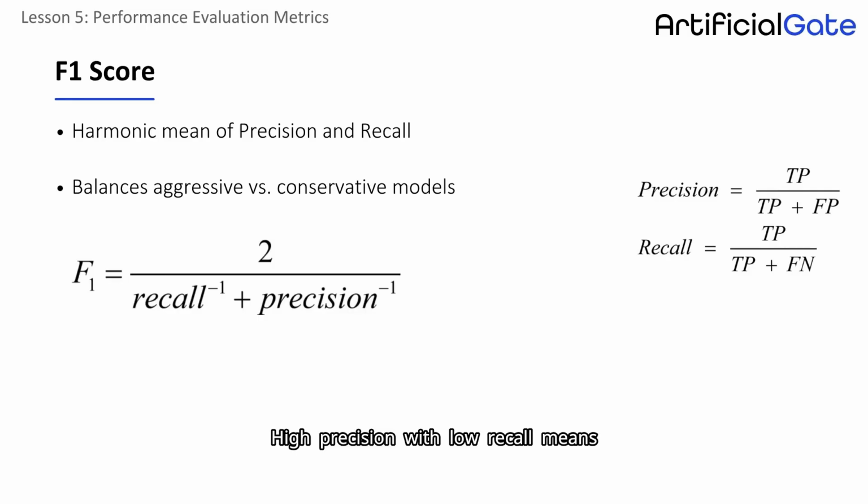High precision with low recall means the model is afraid to make mistakes and gives only a few positive predictions, but those are reliable. High recall with low precision means aggressive searching, even if it results in many false alarms.